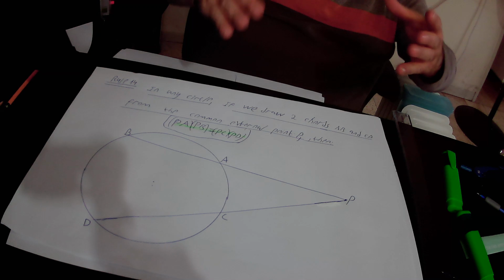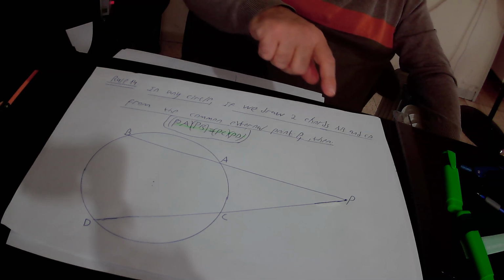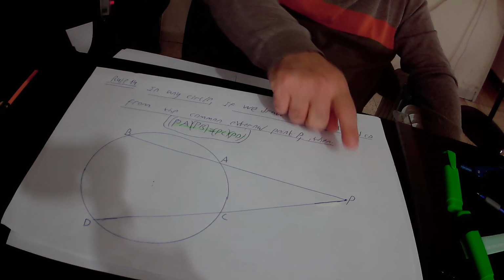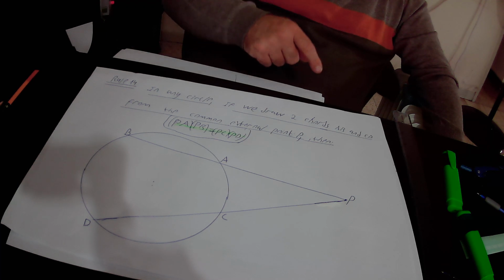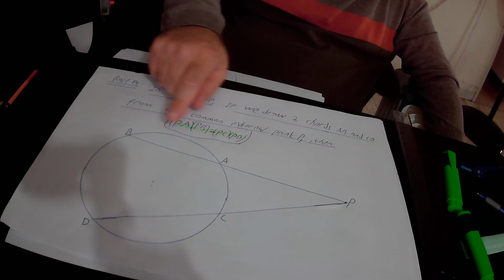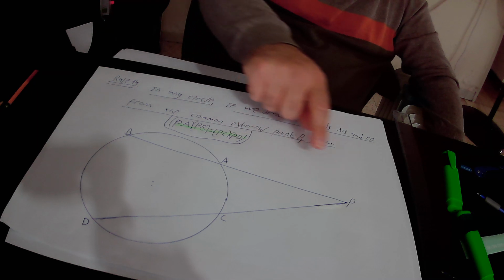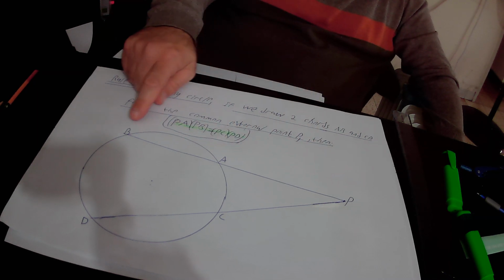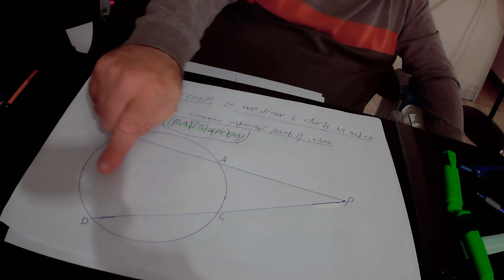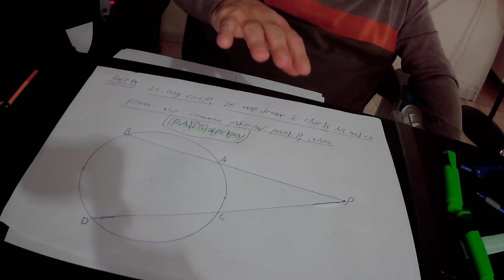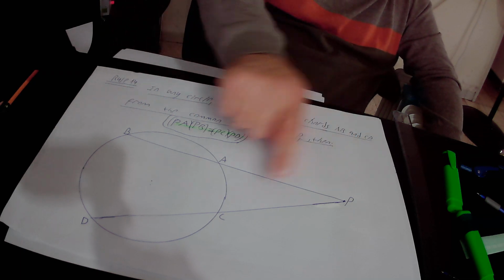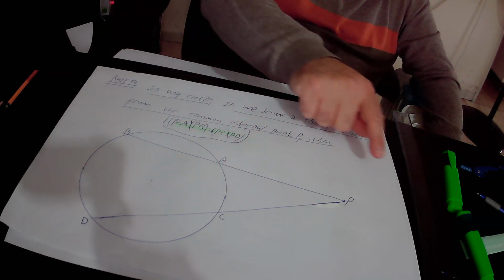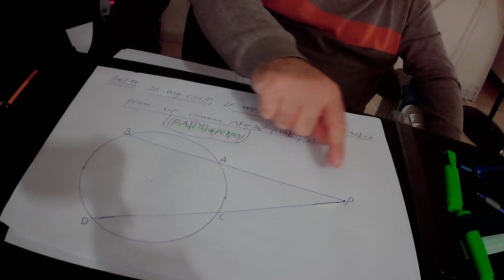So in the drawing we have a circle, and we have the common point P. From the common point P, we drew two chords inside this circle. The first chord is called AB and the second chord is called CD. So in this drawing, the following equation is true: PA times PB equals PC times PD.